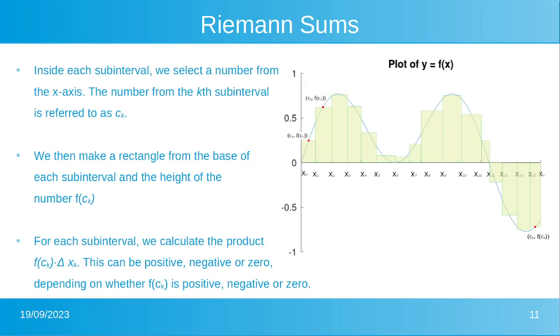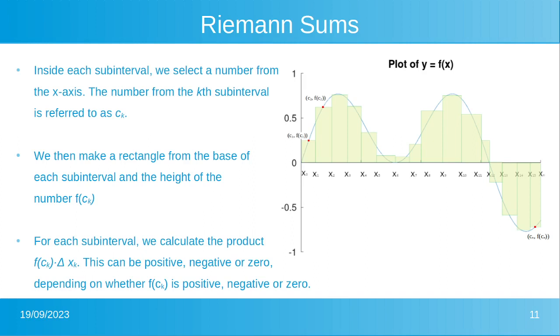And then we've made a rectangle from the base of that second subinterval and the height of the number f of c2. And we've gone along and done that for each of the subintervals, creating rectangles for each one.